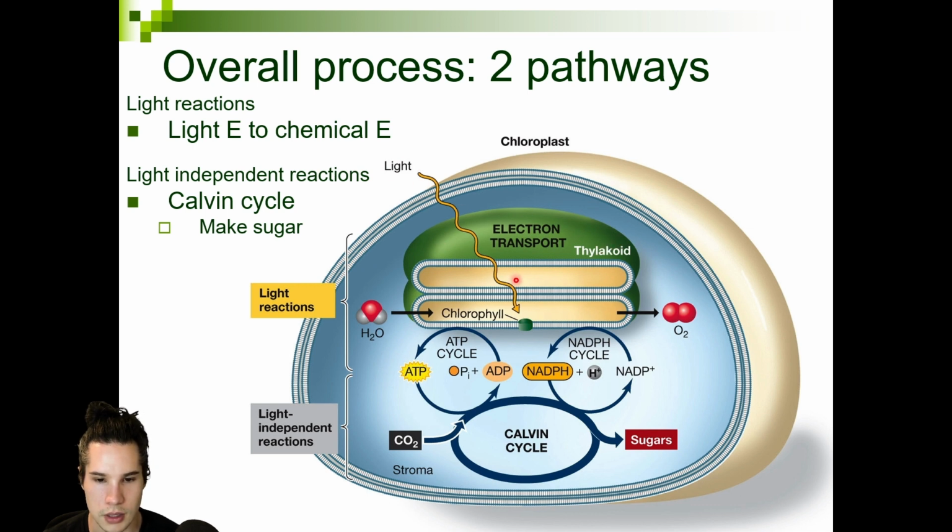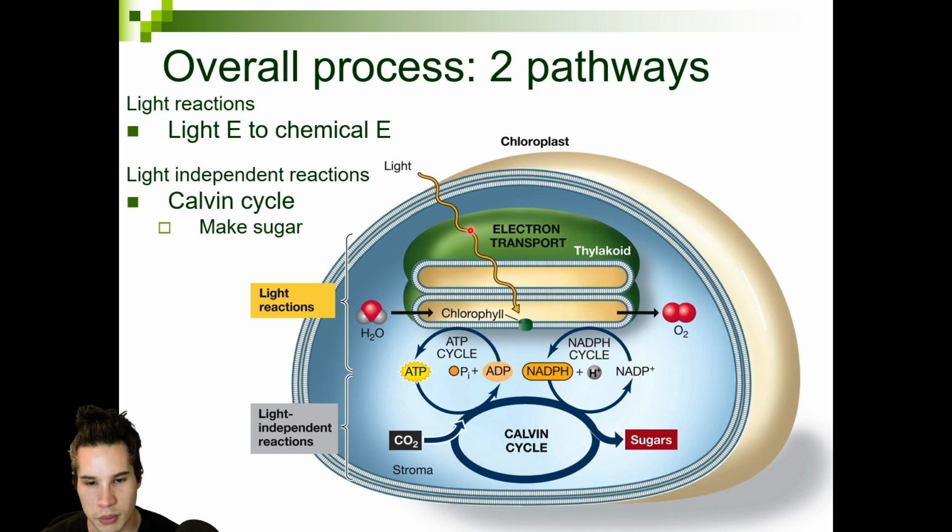So light is going to be absorbed by the pigment on the surface of your thylakoid. This is actually what makes plants green. This is actually what makes chloroplasts green, and therefore plants green. Most plants have photopigments that they store on their thylakoid membranes.